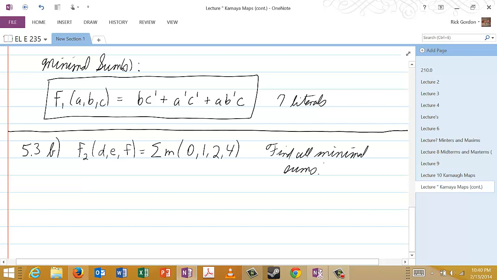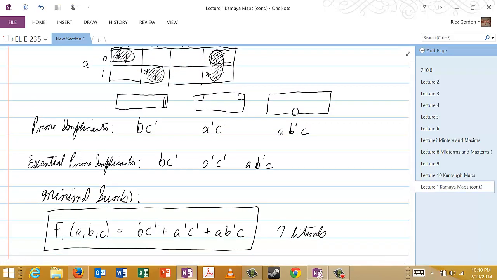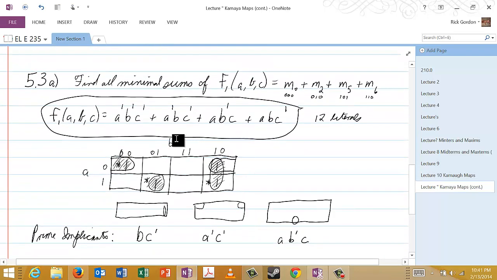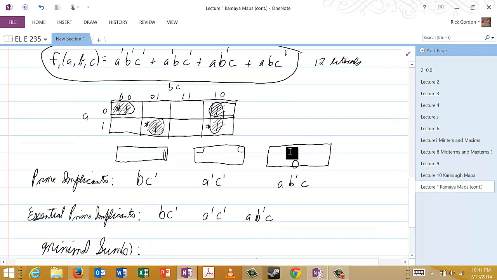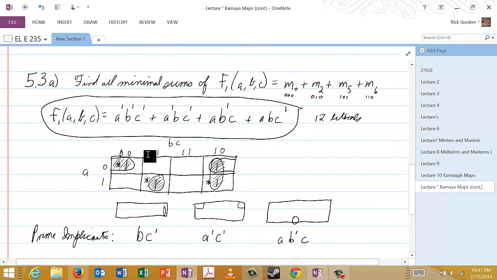Now, by the way, before I go to this problem, I would like to suggest that you do one last thing. I have simply stated that this expression that we derived is a valid expression for F1, which we have up here. I strongly encourage you to try to verify that that is true. You have an expression for F1, and up here you have the minterm expansion for F1.